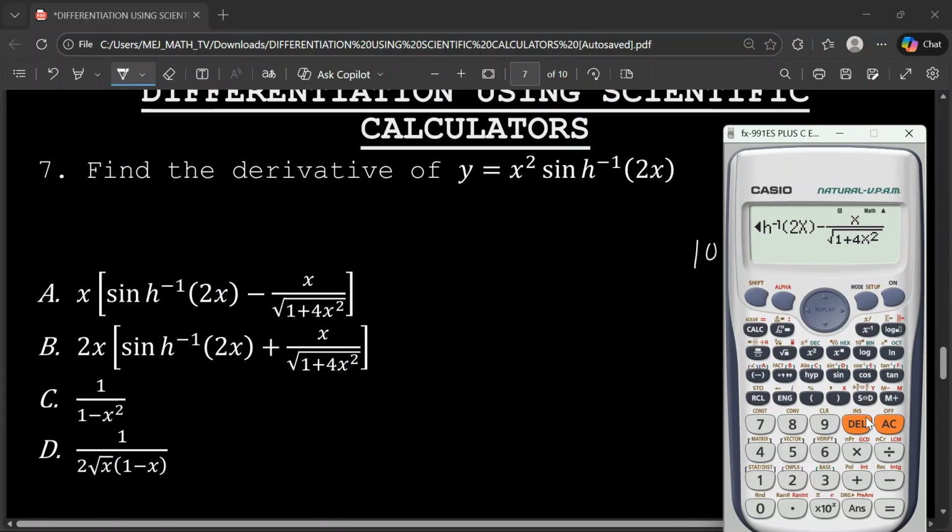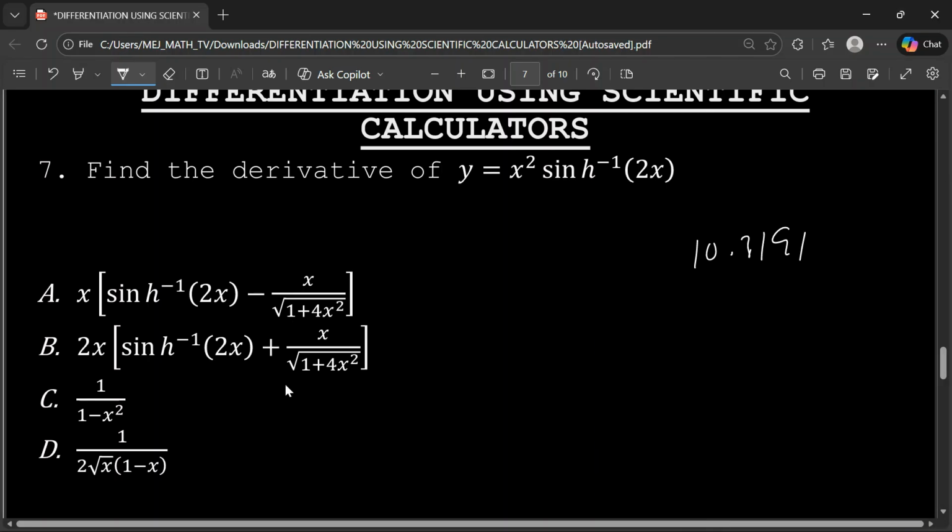Then we close it. The answer is 3.21, which is not equal to 10.3191. Option A and option B are similar, so we are going to commit some changes. So this time around we have 2 times x, and then we have a plus instead of minus. And the answer is 10.3191. So option B is the correct answer.